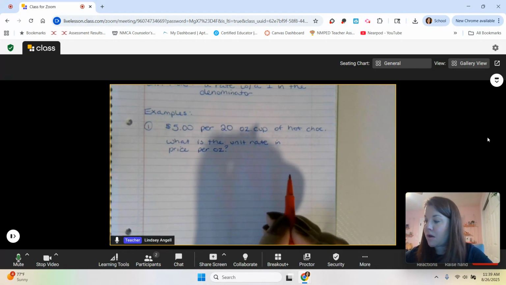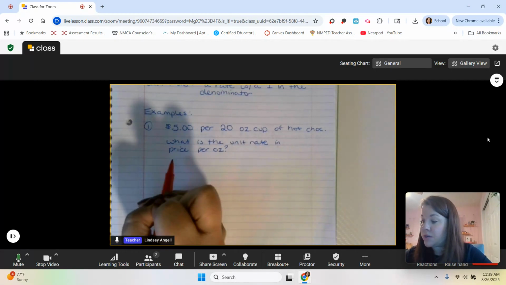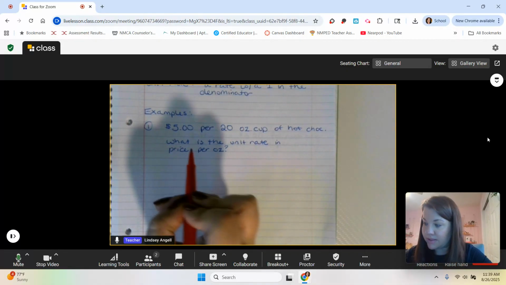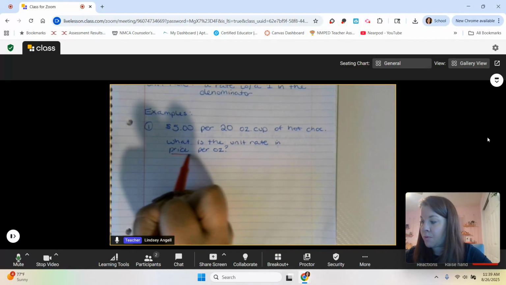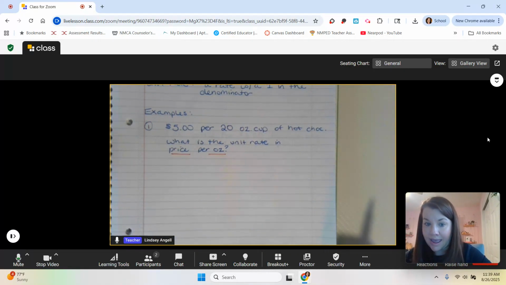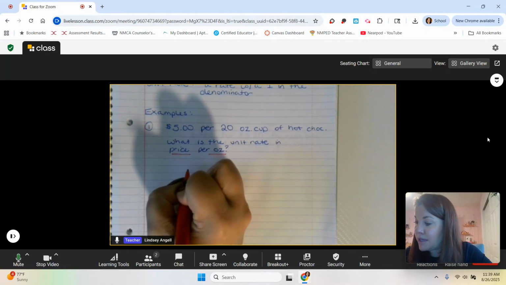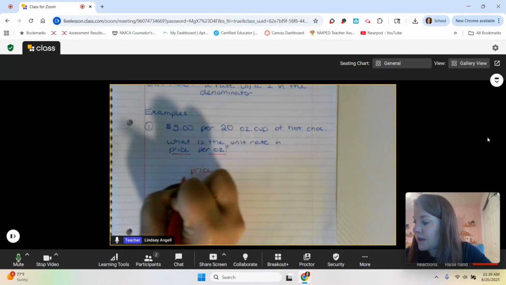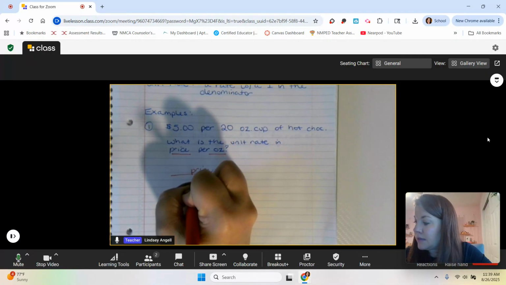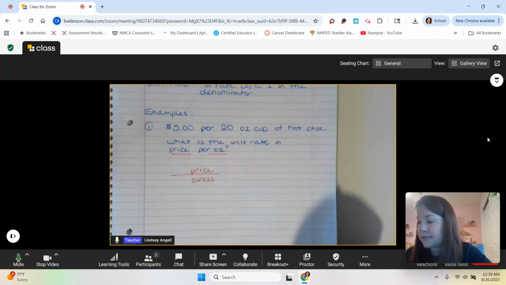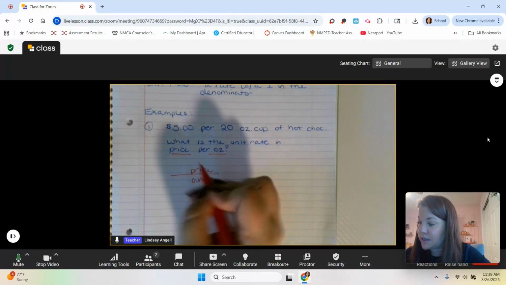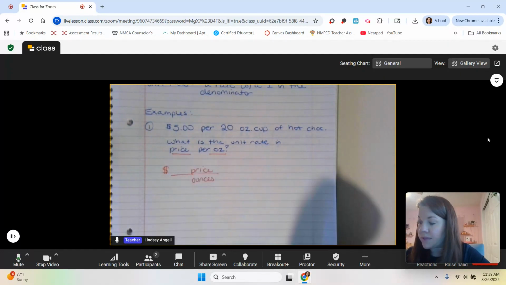So when we're doing problems like this, we do need to pay attention to the order that they want us to solve it in. So we want price per ounce. All right, so that means in my numerator, I'm going to have the price, and I'm going to have ounces in the denominator. This I could also put dollars, right? That's my price, right?